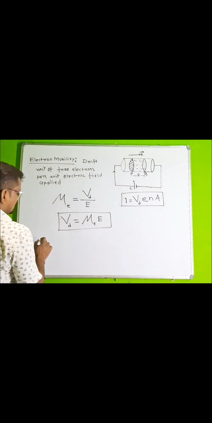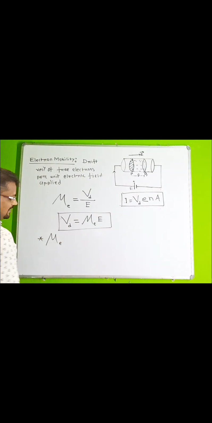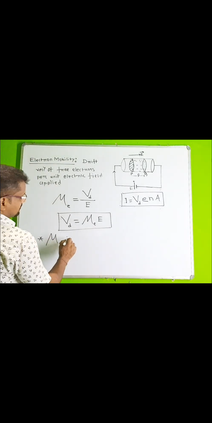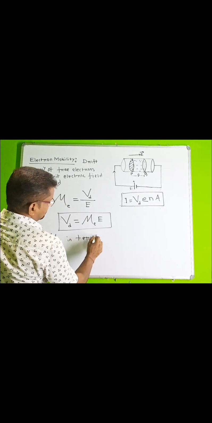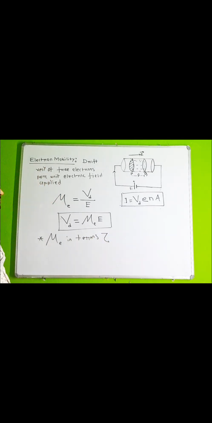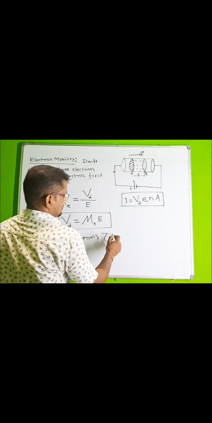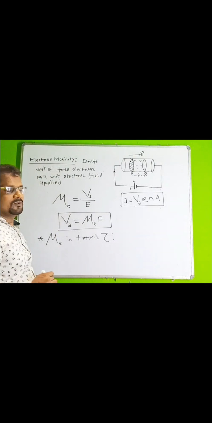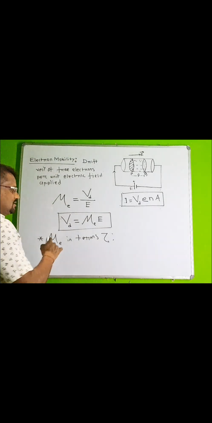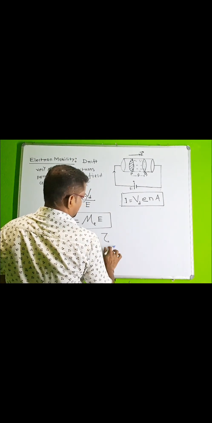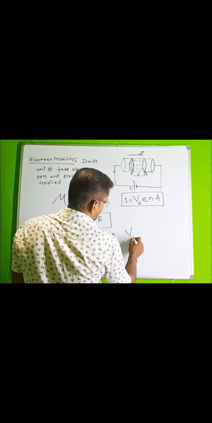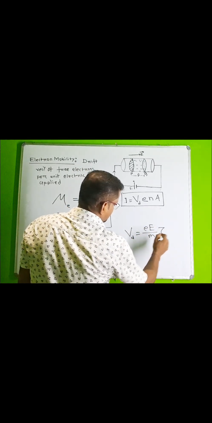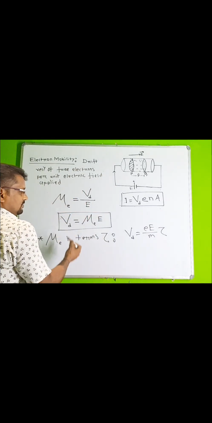Now say if you want to know electron mobility, mu e, in terms of average relaxation time tau, what's the expression? Simple, the drift velocity expression is known to us. Here v_d is eE divided by m times tau. So simply replace the value here.